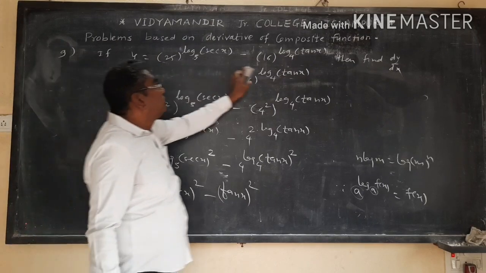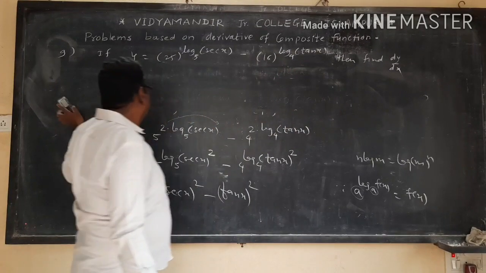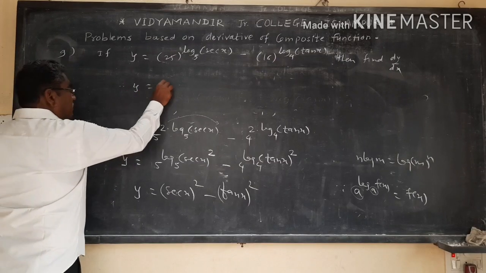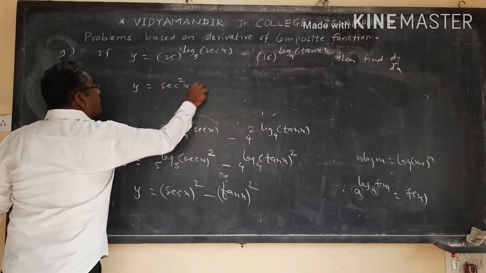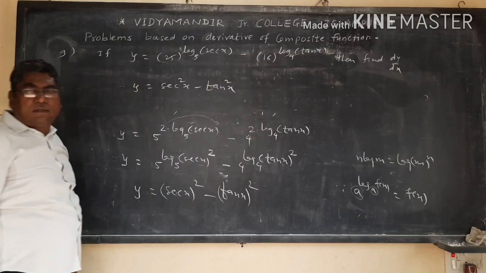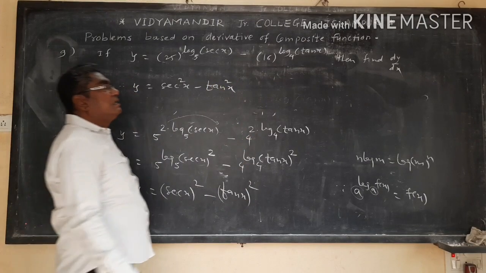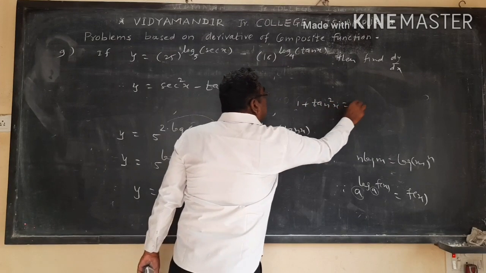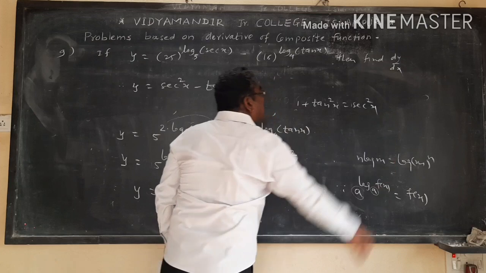Therefore y is equal to sec square x minus tan square x. Fundamental identity: 1 plus tan square x equal to sec square x.